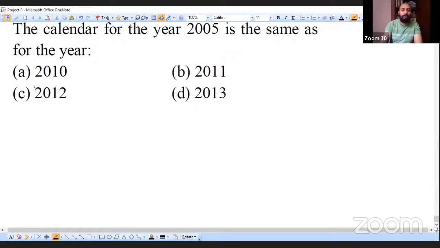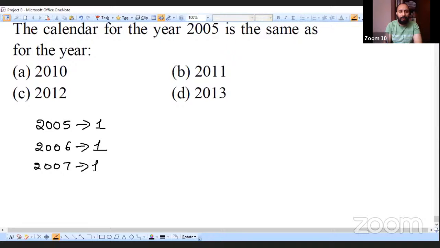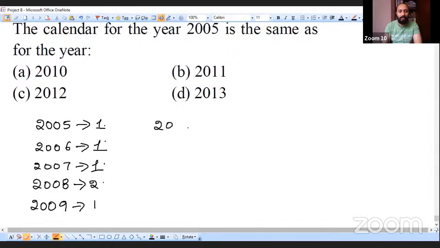So let's go. 2005, it will have one odd day. 2006, one odd day. 2007, one odd day. So 2008 is a leap year, so it will have two odd days. 2009, one odd day. 2010, one odd day.